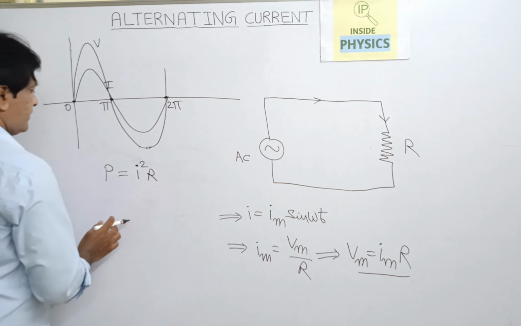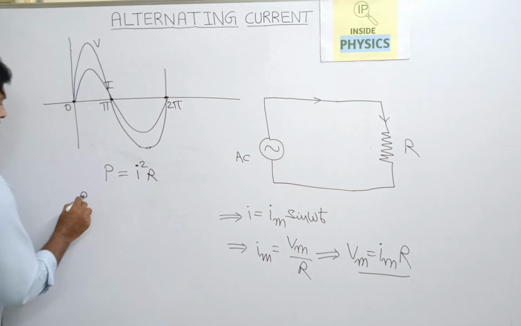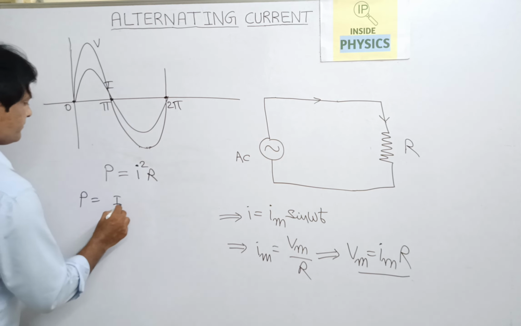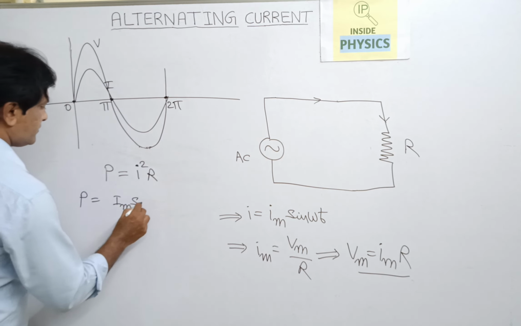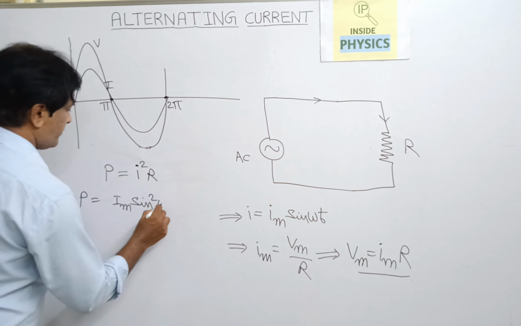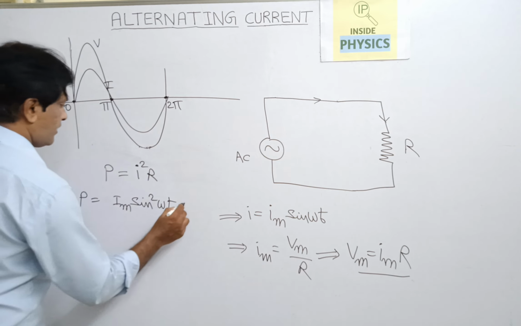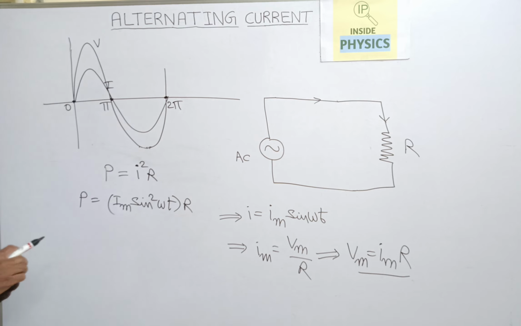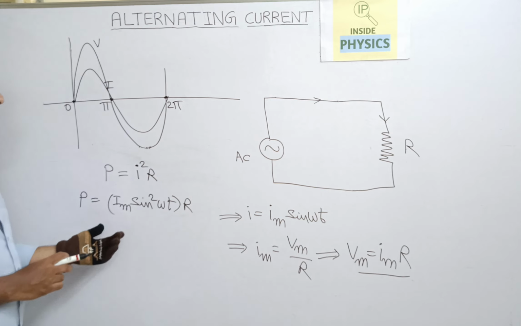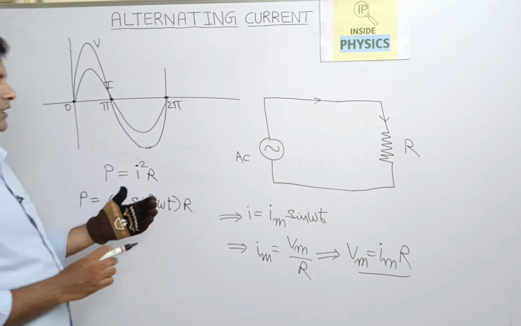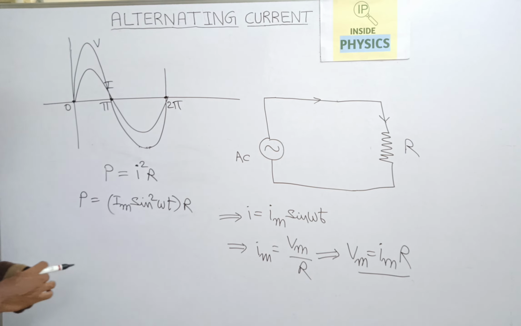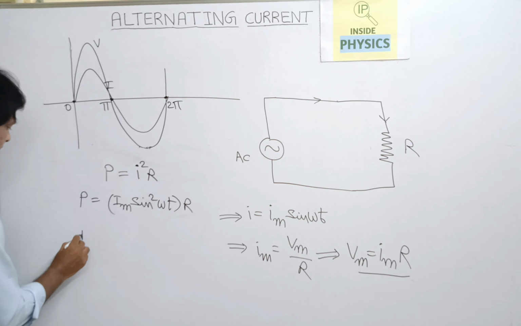So here if you put the I value, what we got here is Im squared sine squared omega t R. Okay, so this is the power dissipated, and if you calculate the average power, for average power we use this symbol.